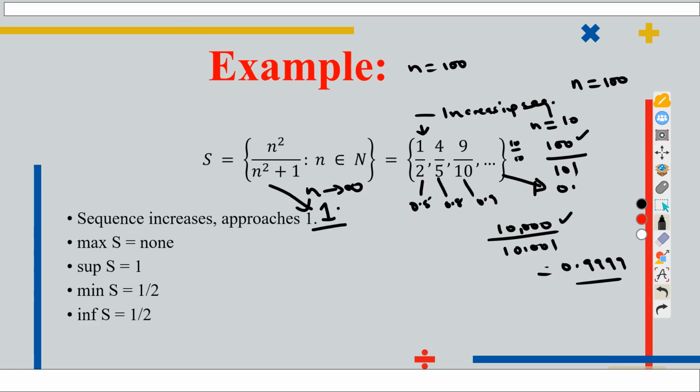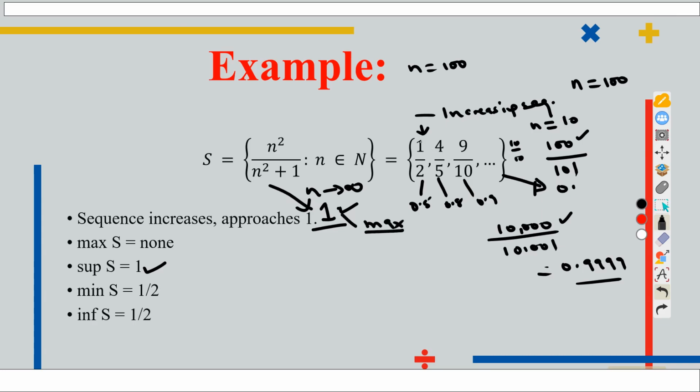But 1 is not part of this set because there is no possibility of having a number like 10 out of 10. So 1 cannot be reached. However, 1 will qualify to be the supremum, but 1 cannot be the maximum since it will not be part of that set.